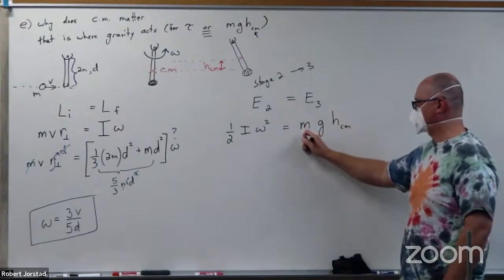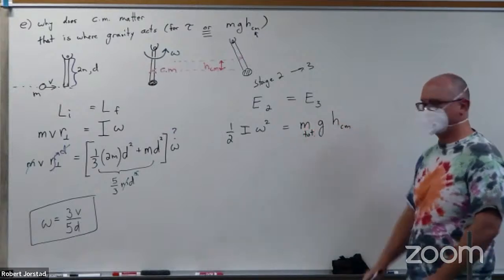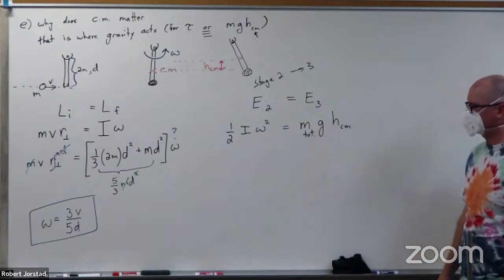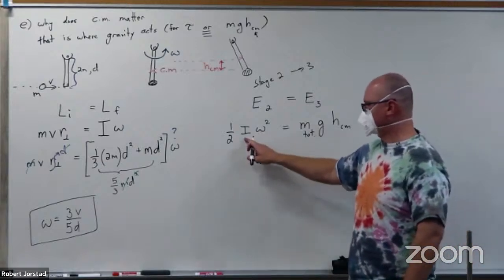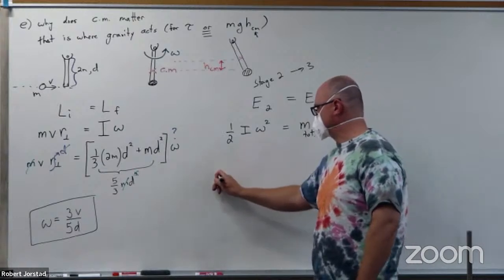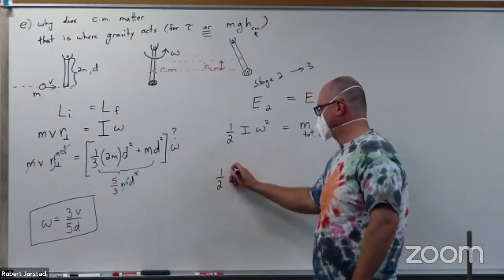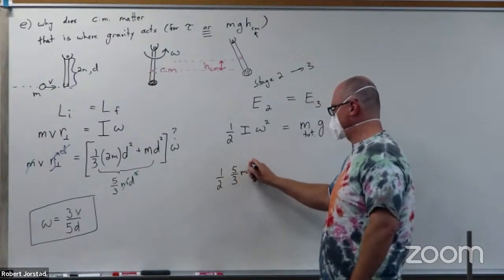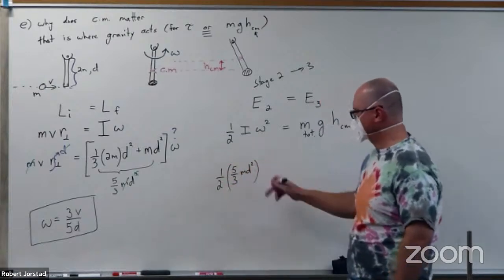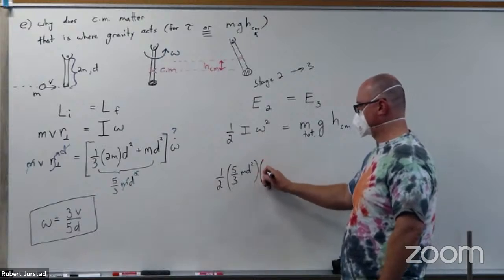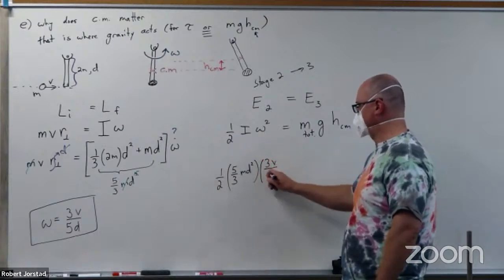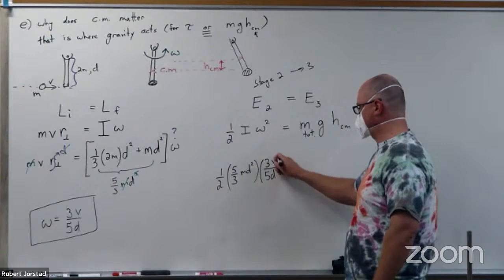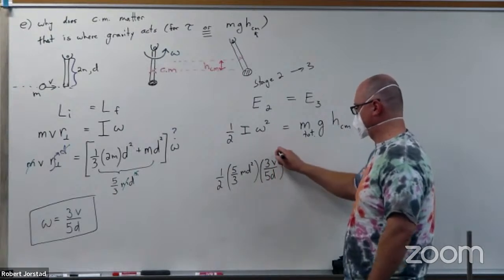And here I've got to be careful. I've got to use the total mass. I, we just figured out, was 5/3 md squared. So this is going to be 1/2 times 5/3 md squared times omega squared, which was 3v over 5d. And we're going to square that. See that?